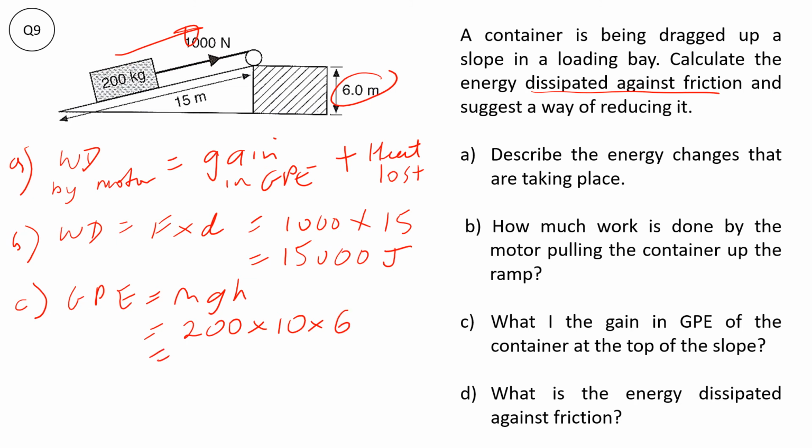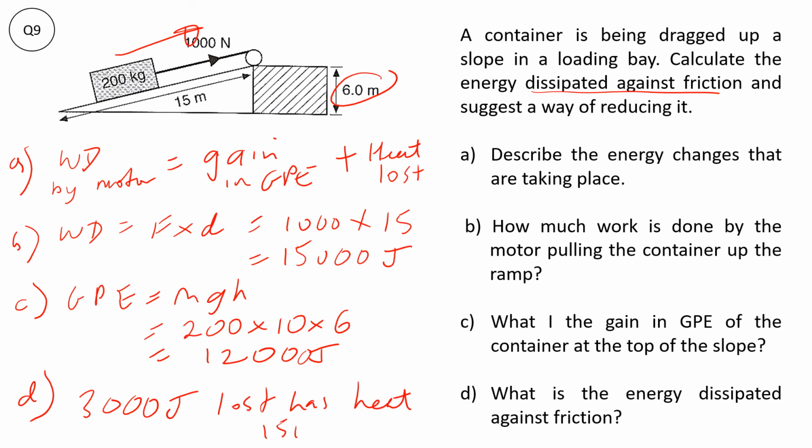So 6 times 10 times 200 is 12,000. So what is the energy dissipated against friction? Well, we know that 15,000 went in, 12,000 gained in GPE, therefore 3,000 lost as heat, because 15,000 minus 12,000 equals 3,000. Quite a nice little question, that one.